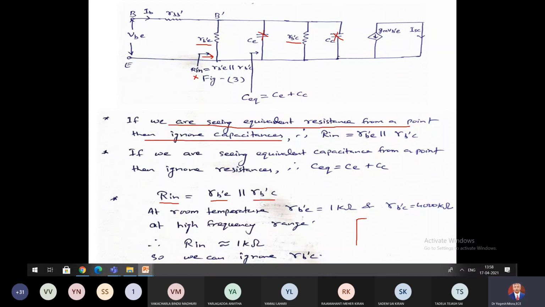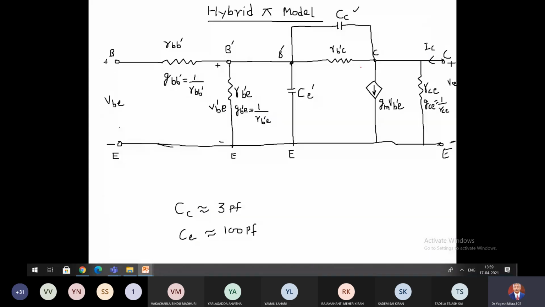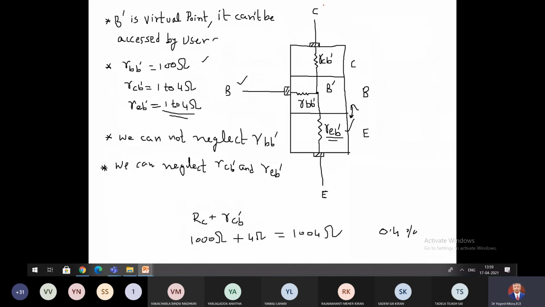See, already we know that if there is an NPN transistor, suppose this is emitter, base, collector. Come to this point here in this diagram. See this resistance and this resistance.